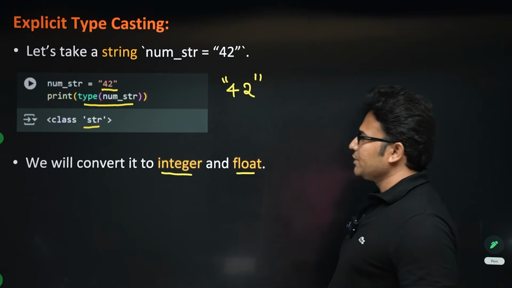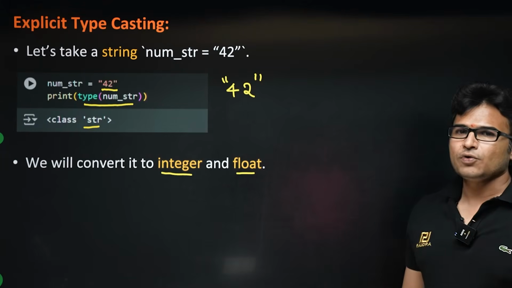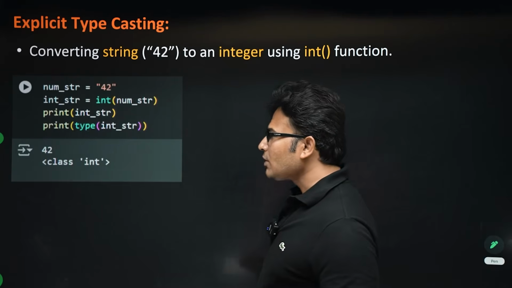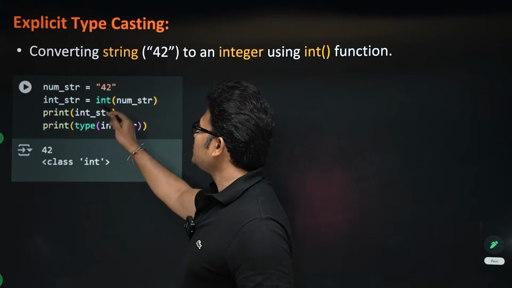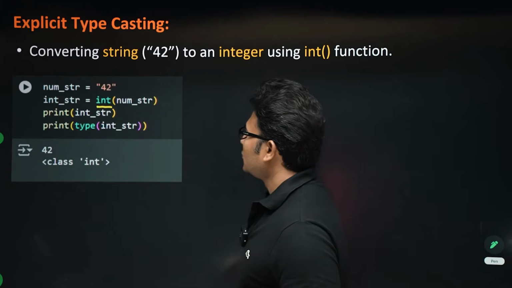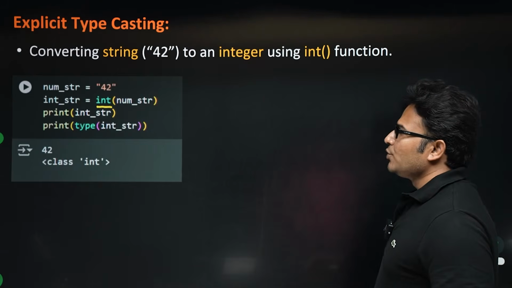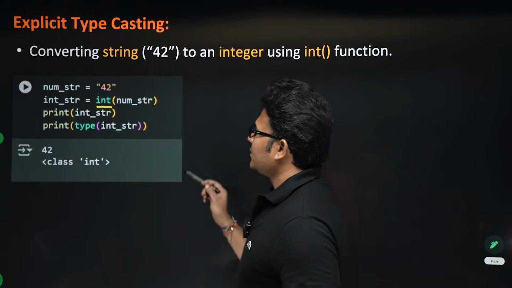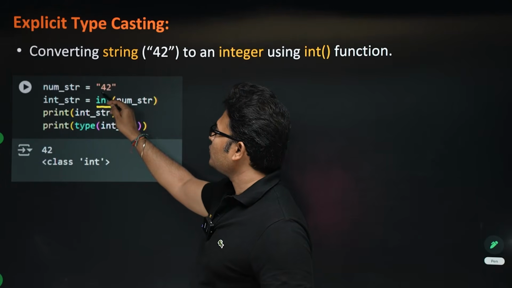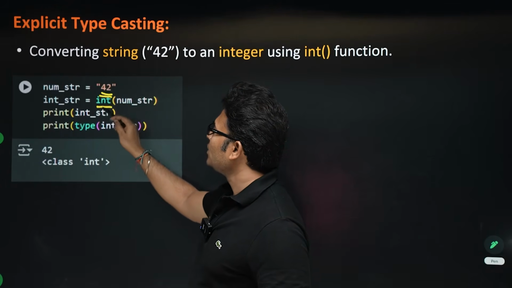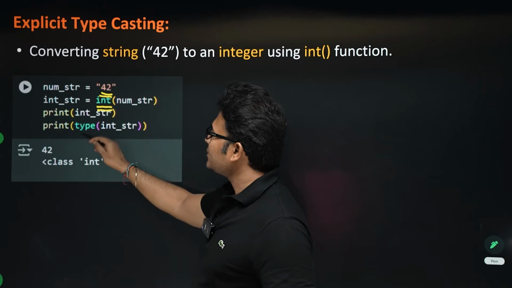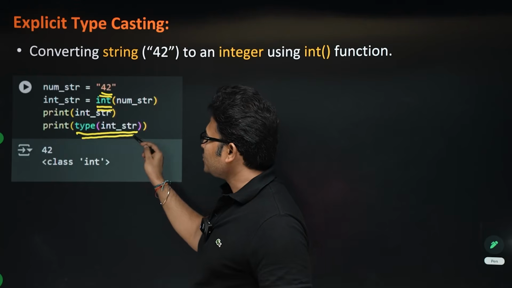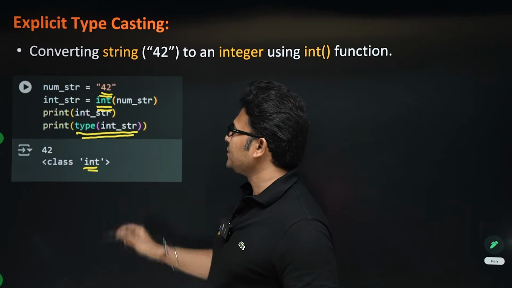How can we convert it into integer and float? So one way is you can use int directly. To convert it into integer, you can use the int function directly, right? Then what happens? The string 42 is converted to an integer, and that is why if you see the type of the integer variable, it is coming as an integer, right?